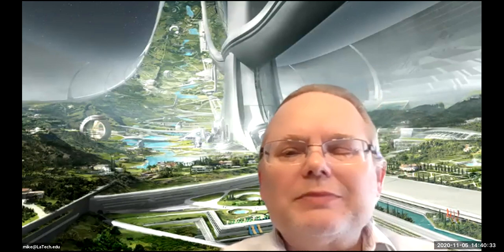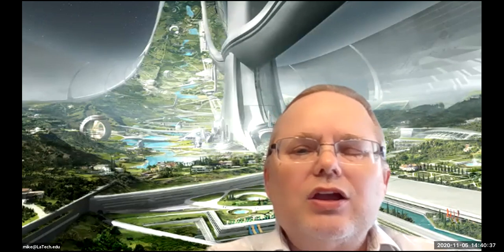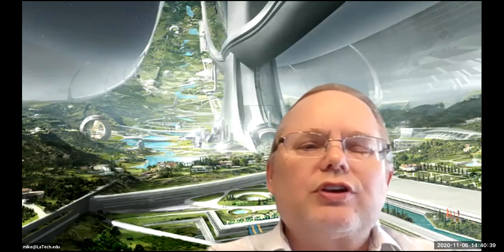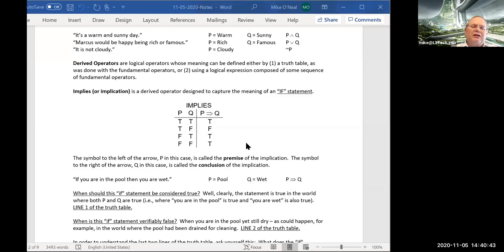Again, it couldn't be any other way. You might say, well, I see what you're saying, Mike, but I'm a little uncomfortable with calling the if statement true in the case that I can't use it to conclude anything. And I might say, okay, well, are you going to put a false on that if statement in that case?